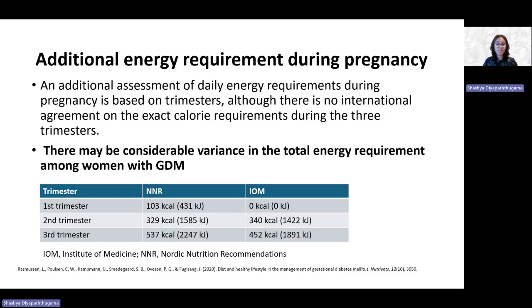In the second trimester, we would calculate the energy as we do for a normal non-pregnant woman, and then add this extra amount, which is 1422 kilojoules. And for a woman in the third trimester of pregnancy, we are adding an extra energy content of 1891 kilojoules.